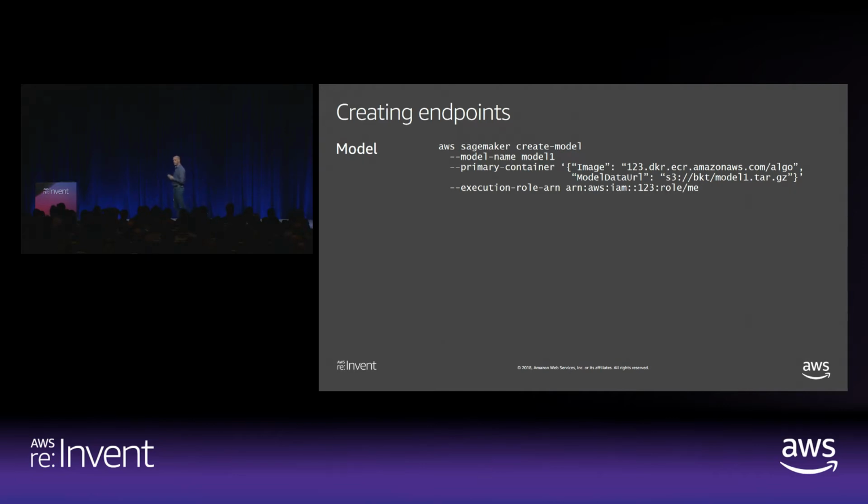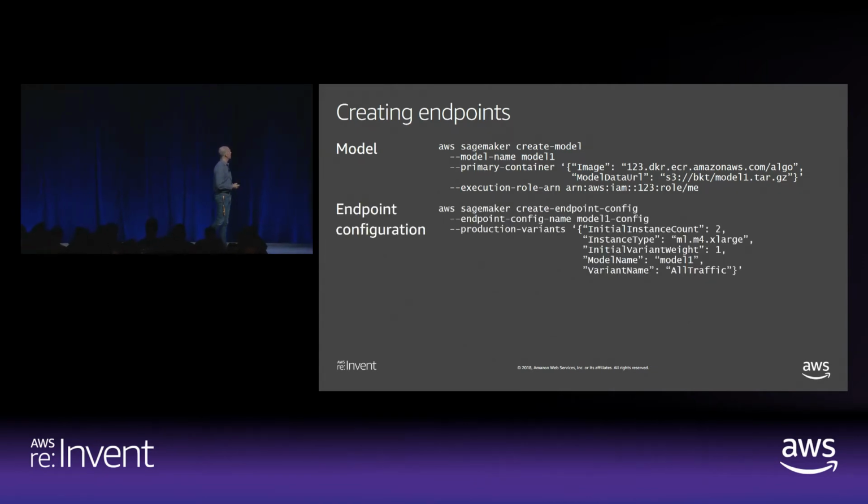And I want it to be the association of a container, which describes the code that you're going to execute, and a data for a model, which is the parameters that your model is going to have to execute on. You put all these together, and what you are telling SageMaker is that you want to create a system that merges all these things together and creates a model called Model 1. You also have to pass an execution role to make sure that the right permissions are propagated.